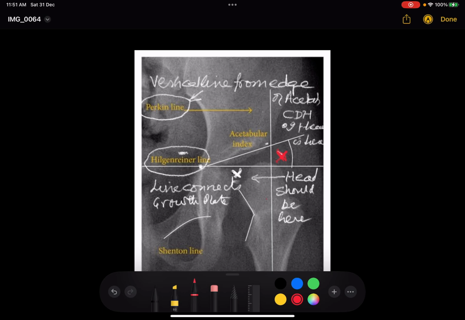The second sign is a line which suggests the upper wall of the acetabulum, and with the Hilgenreiner's line, you draw an angle called the acetabular angle. Normally, an acetabular angle less than 30 indicates that there is no dysplasia of the acetabulum. But if it is above 30, to 50 or 70, then there is dysplasia of the hip.